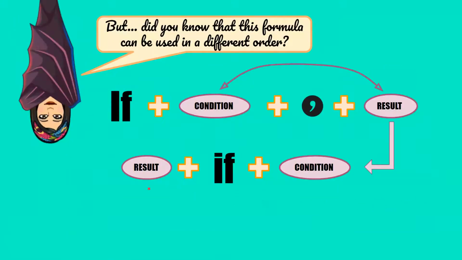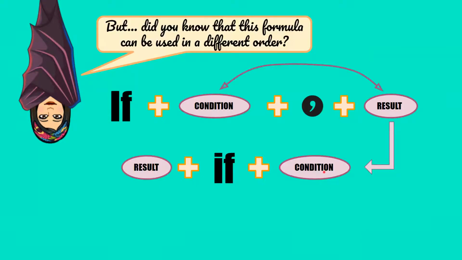And I want you to pay attention to this diagram that we have here. Did you know that this formula can be used in a different order? We said that the order of the formula is if plus the condition plus comma plus the result, but we can invert the formula and we can express the result first, if in the middle, and the condition at the end.